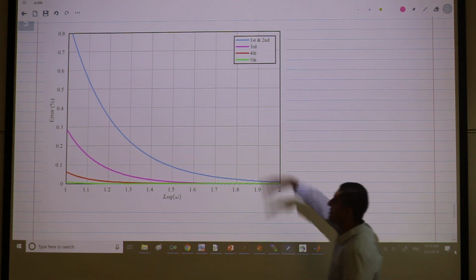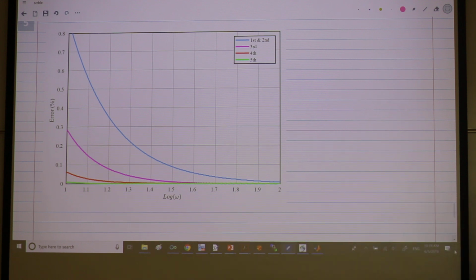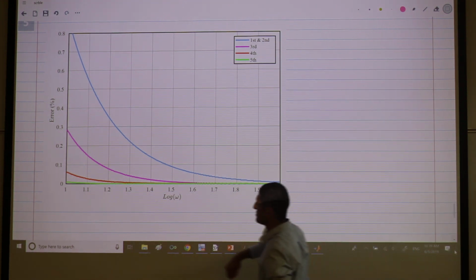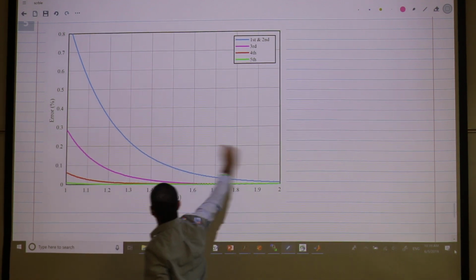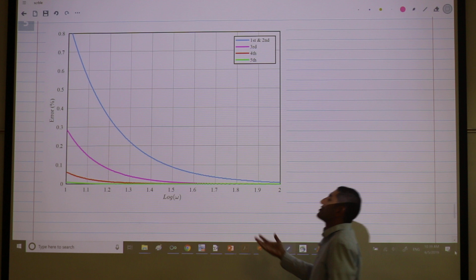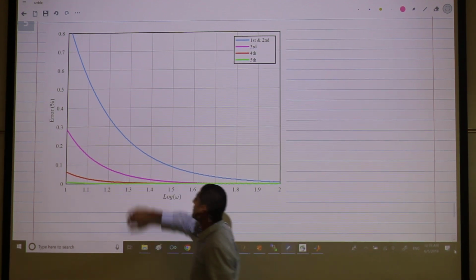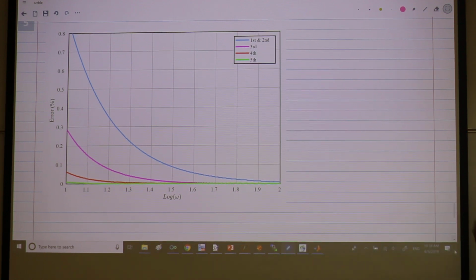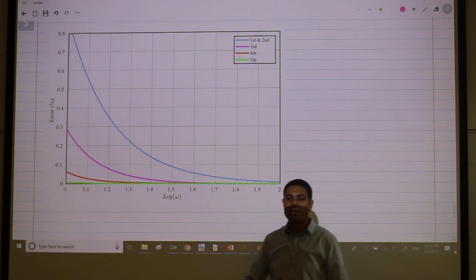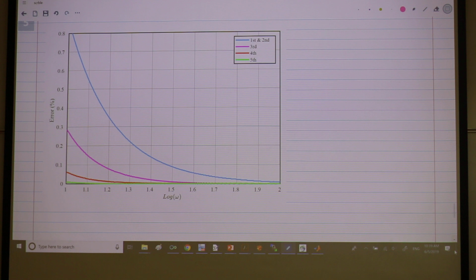Higher omega, the smaller the error for any average dynamics, for any higher order averaging, it doesn't matter, any order of averaging. And for a given level of error, of course, higher order averaging will meet that level earlier in omega than the first order averaging, right? Because you're adding more and more terms. Theoretically speaking, if you add all the terms, you have the exact result. The error will be 0. Okay? Any question about that?